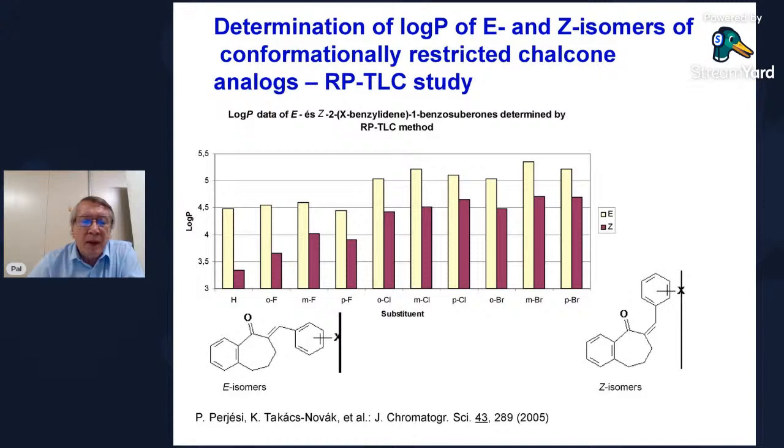As we can see, the log P of the E isomers were found higher in each substituent than the respective Z ones. In other words, the Z isomers were always less lipophilic, more water soluble, than the starting E isomers.